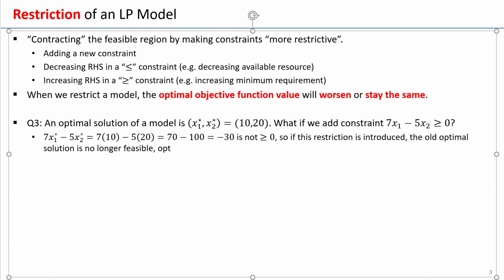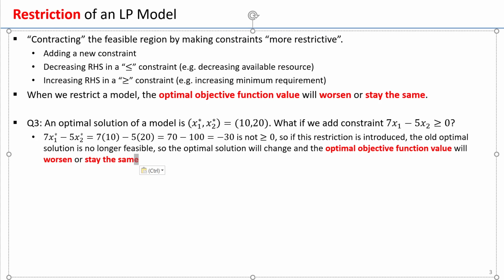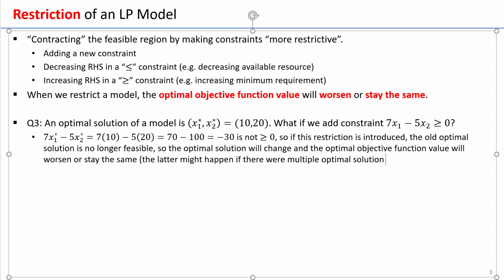So the optimal solution will change, and the optimal objective function value will worsen or stay the same, and the latter might happen if there were multiple optimal solutions in the original model.